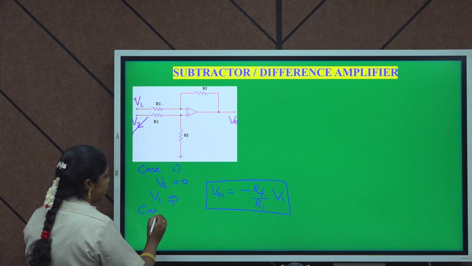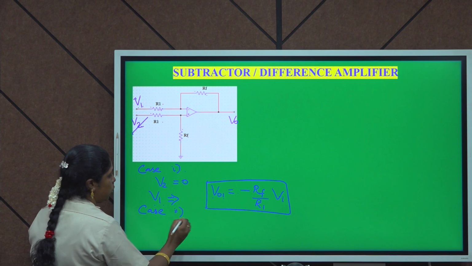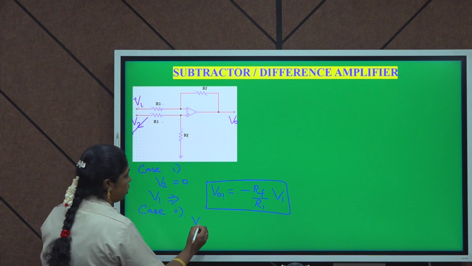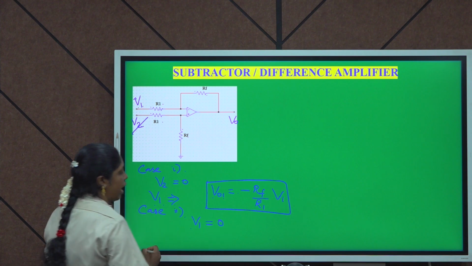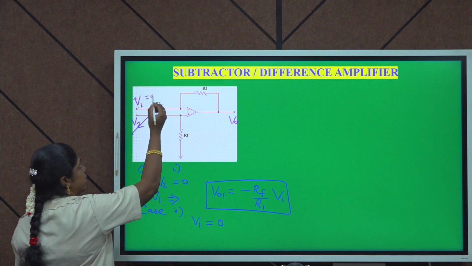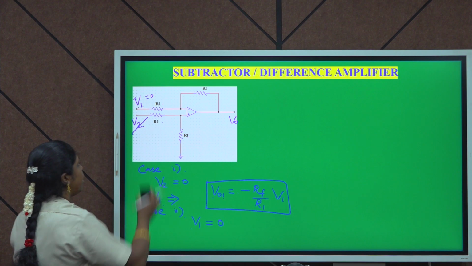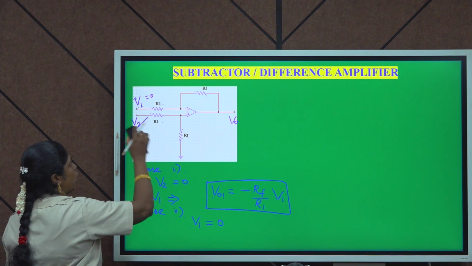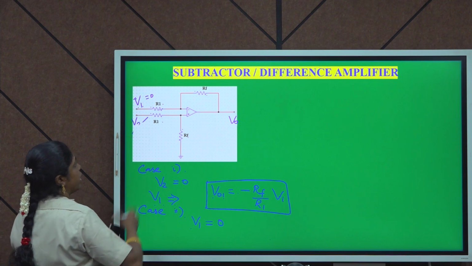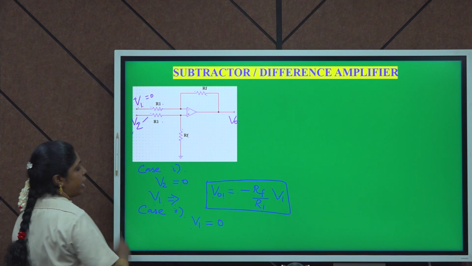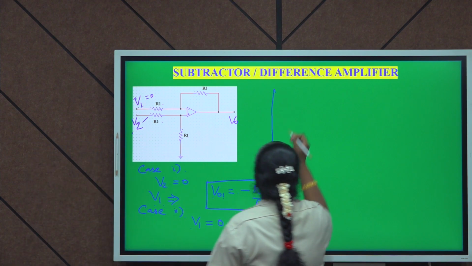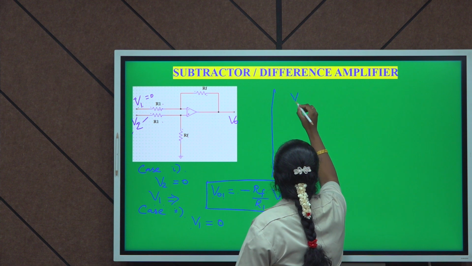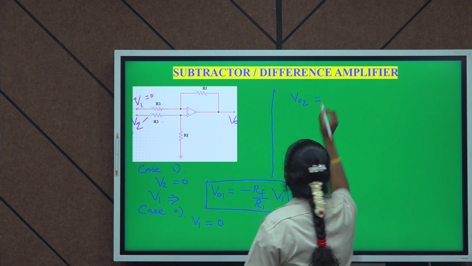Now we will consider case 2. In case 2, we will assume V1 is equal to 0, and we will find what will be the output voltage due to the effect of input voltage V2. So we will find the output voltage V0 of 2.